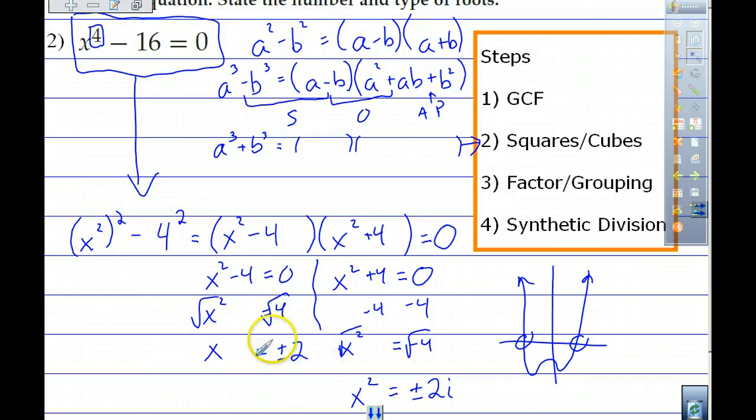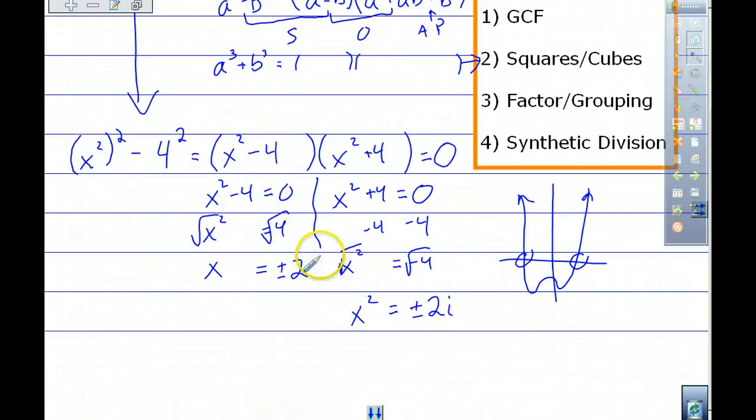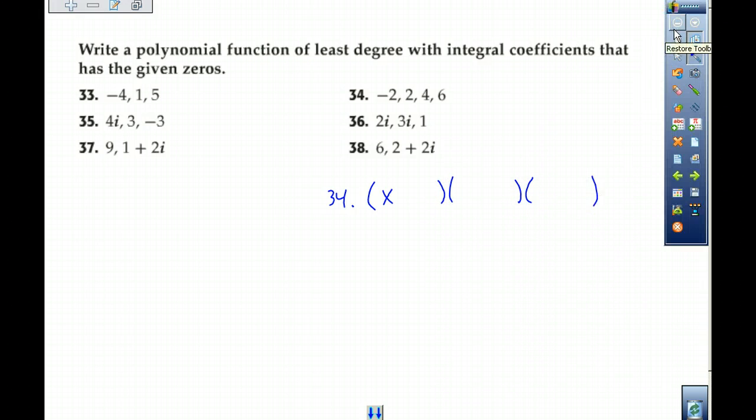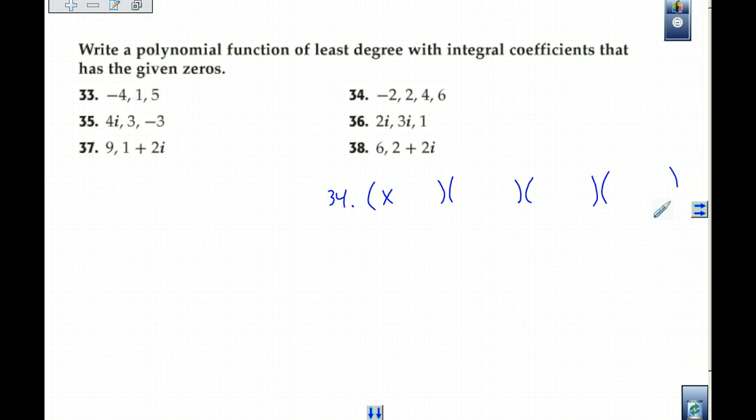But if you already have the roots, like here, I just have the roots, I'll do 34. If I have the roots, it's simply this. I'm going to have 4 binomials, 1 for each root.